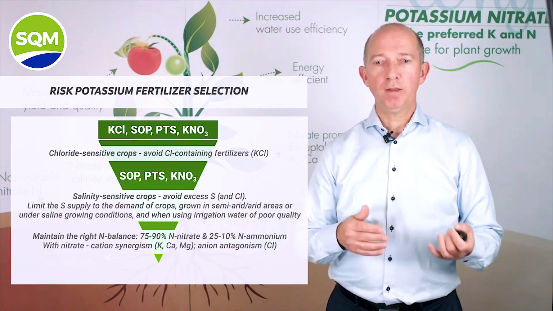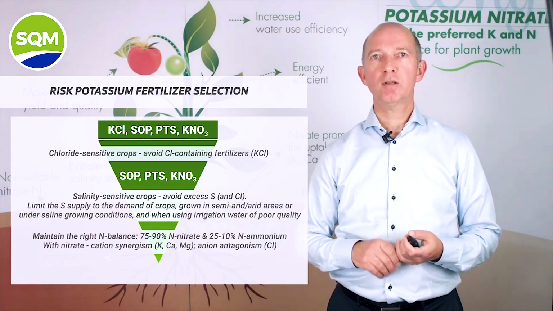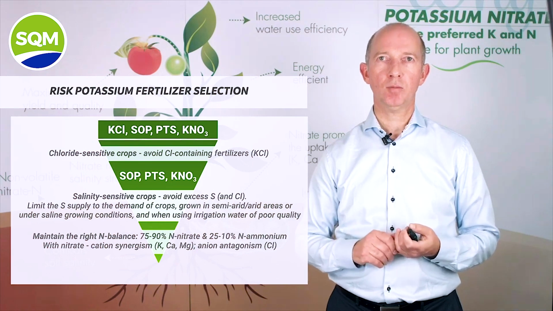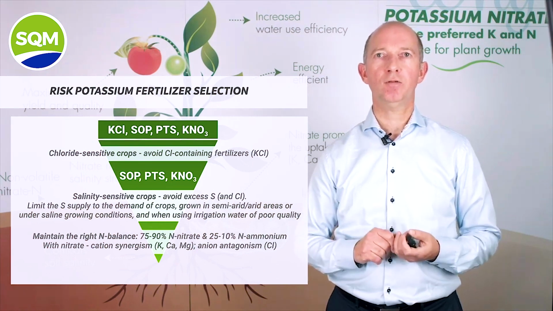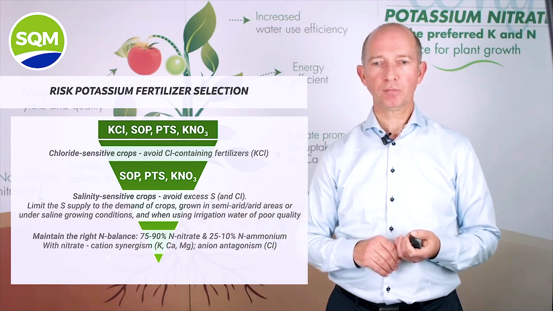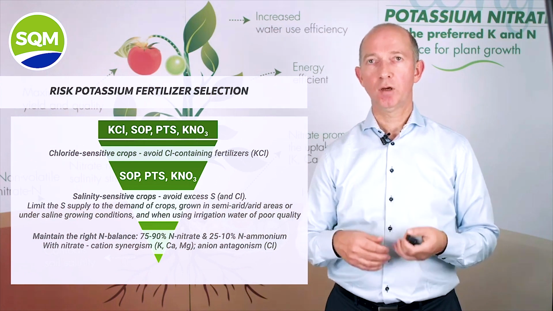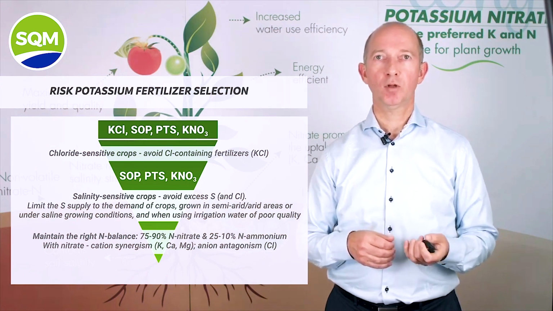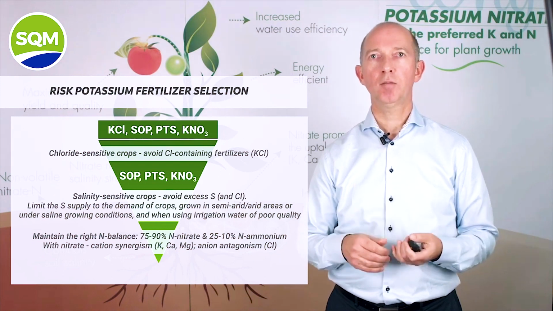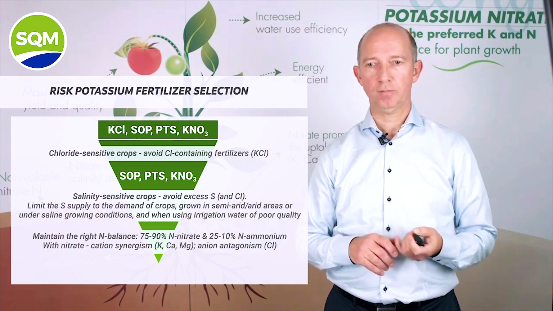Equally important, maintain the right nitrogen balance. In general, 75 to 90% of the total nitrogen demand of the crop should be supplied under the nitrate form, the remainder as ammonium. Remember, with nitrate we have this positive synergy with ions like potassium, calcium, magnesium, and at the same time an antagonism between nitrate and chloride.